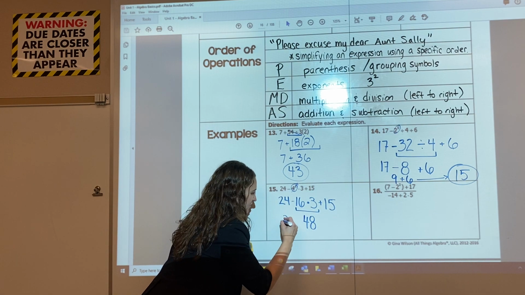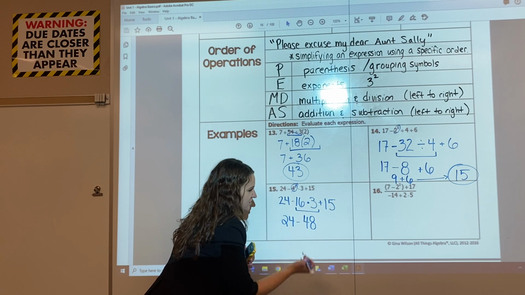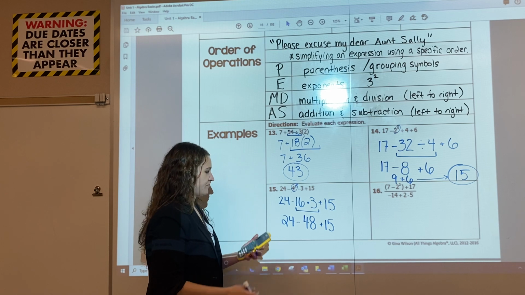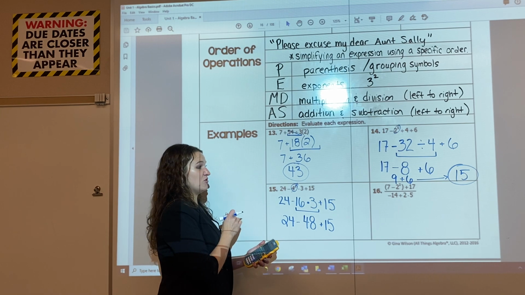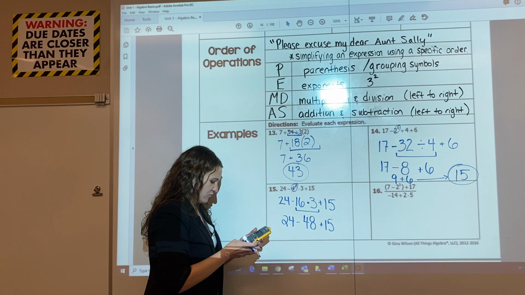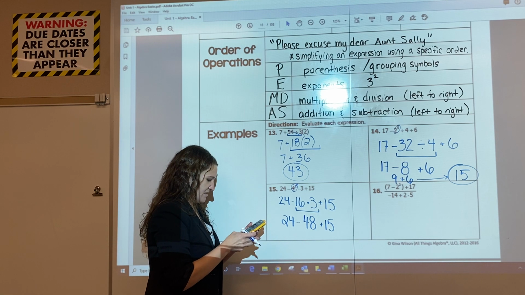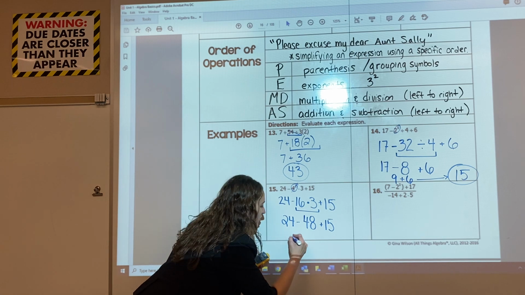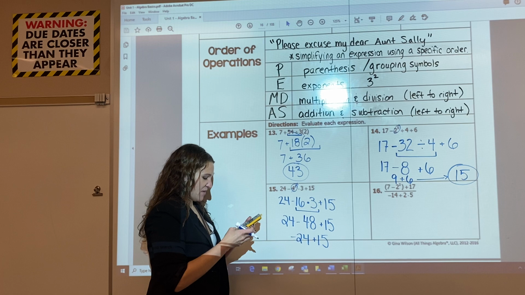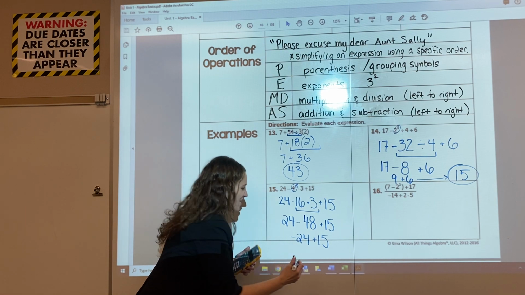I'm going to bring down my 24, my subtraction sign, and my positive or plus 15. Next, I'm going to do addition and subtraction left to right. So I'm going to take 24 minus 48. And that's going to give me a negative 24. If I add 15 to my negative 24, I get negative 9.